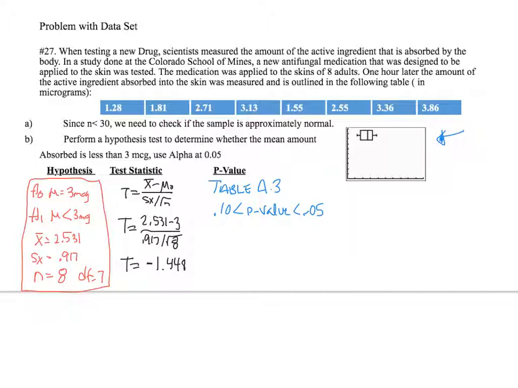If we use technology, in other words, we actually use the TI-84, we find that the p-value is approximately equal to 0.0956.